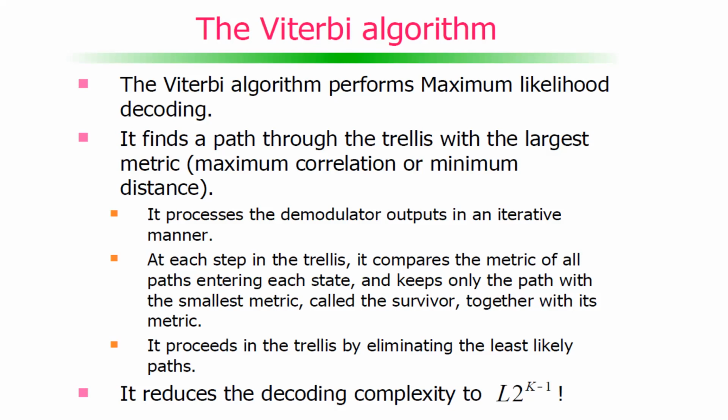He is a founding member of Qualcomm and laid the foundation of Qualcomm. And in the USA, in universities, there are many schools. One school I know is the Andrew Viterbi School. In 1967, he gave this algorithm, and he did not publish it, rather he patented it.